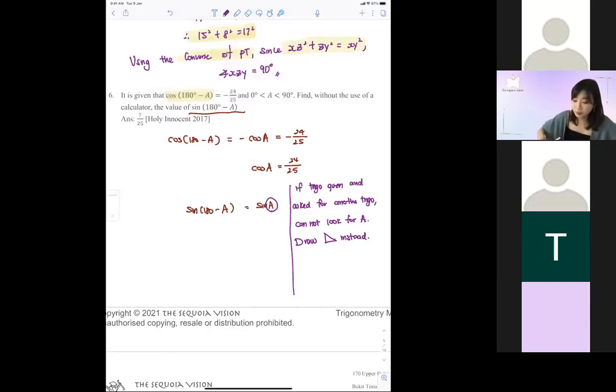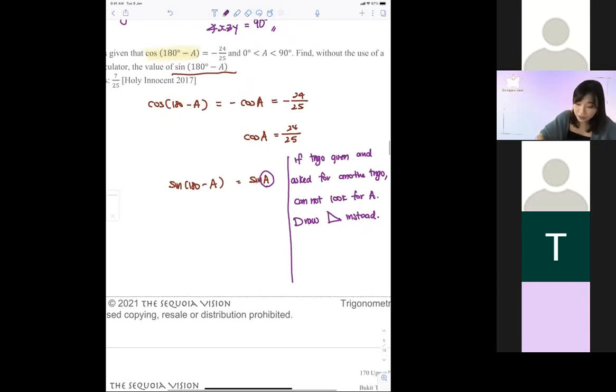This one you must remember. If I give you a trigo, I ask you to find another trigo, you cannot look for the angle. In this case, it is A. You must draw a triangle instead. Can you write down this thing here? All right, you can write it down in the cheat sheet booklet. So when you are revising, you take note of this one. So if I give you a trigo, ask you to find another trigo, we will draw a right angle triangle.